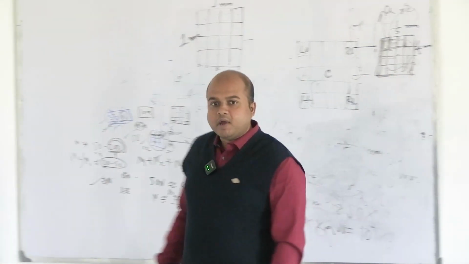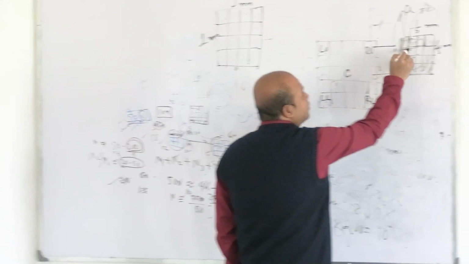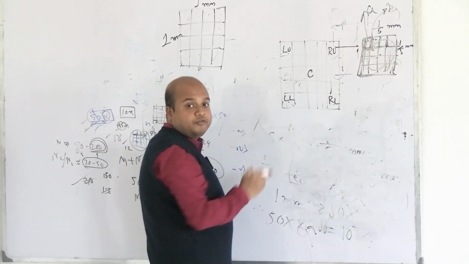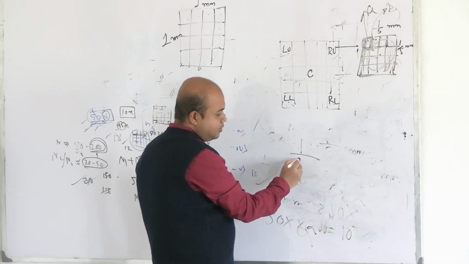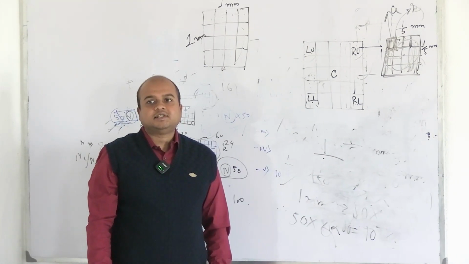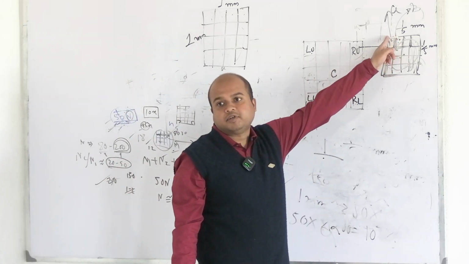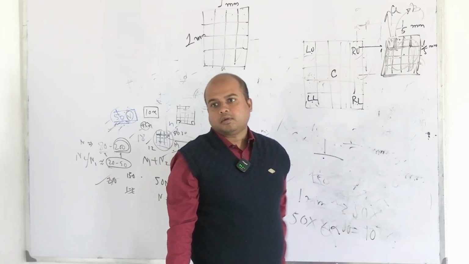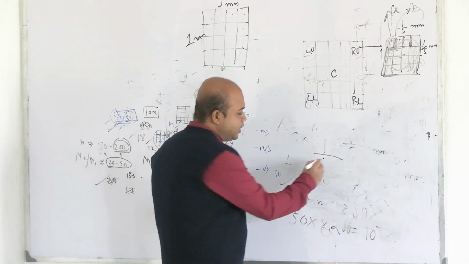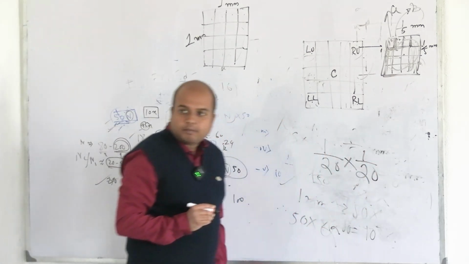So those 16 squares, what is the area of each such square? What is the length of each such small RBC square? 1/4 of 1 by 5, that is 1 by 20. So the area of one such square is 1 by 20.